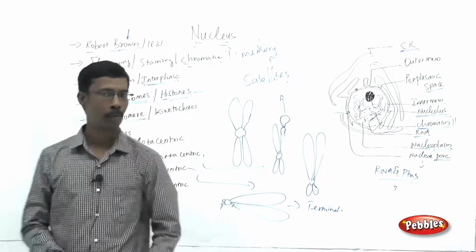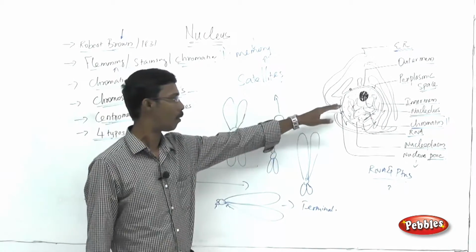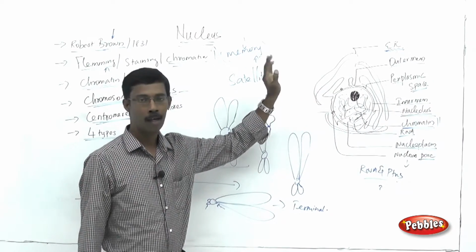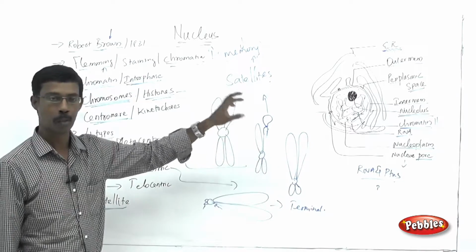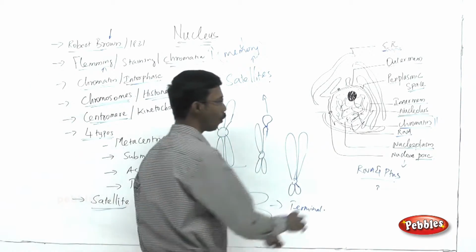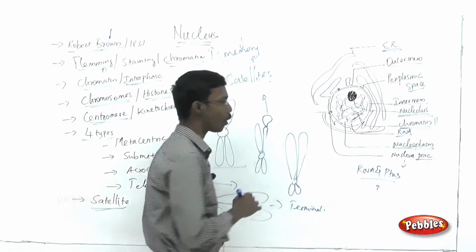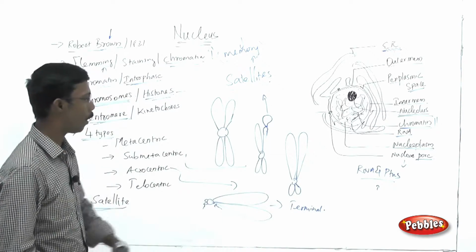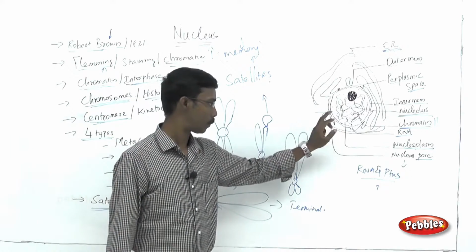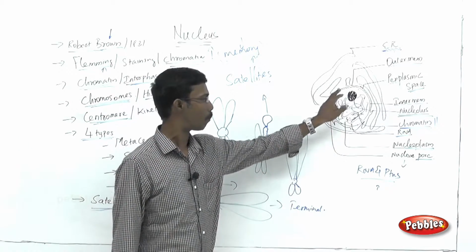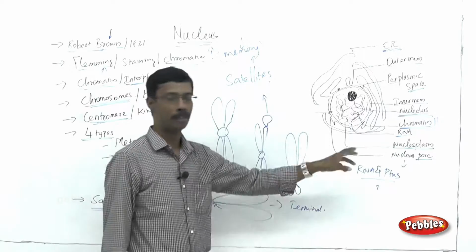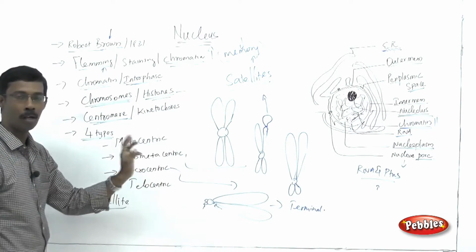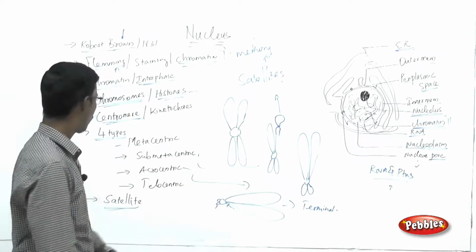The structures you have to remember in the nucleus: outer membrane, inner membrane, perinuclear space, and within that nucleolus, nucleoplasm, and within the nucleoplasm chromatin, RNA molecules and some other protein molecules. The major structures present in the membrane are nuclear pores, and the pores are involved in the exchange or transport of RNA and proteins in and out of the nucleus.